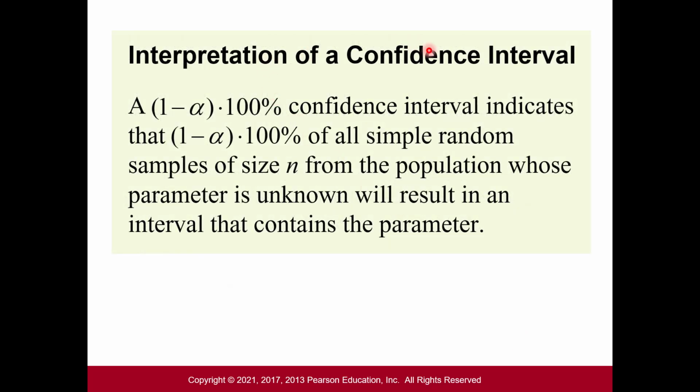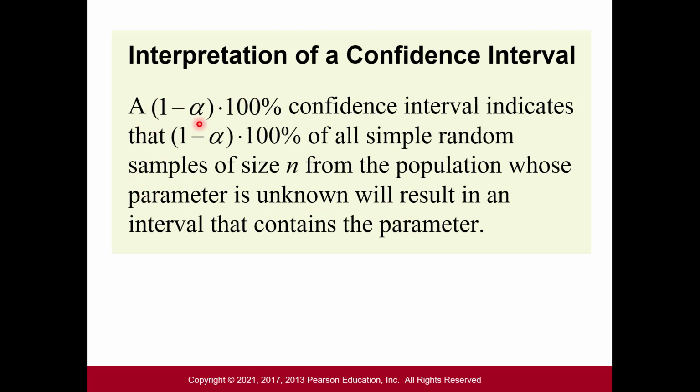So interpretation of a confidence interval: a 1 minus alpha times 100% confidence interval indicates that 1 minus alpha times 100% of all simple random samples of size n from the population whose parameter is unknown will result in an interval that contains the parameter. This is the same thing we've been saying over and over.